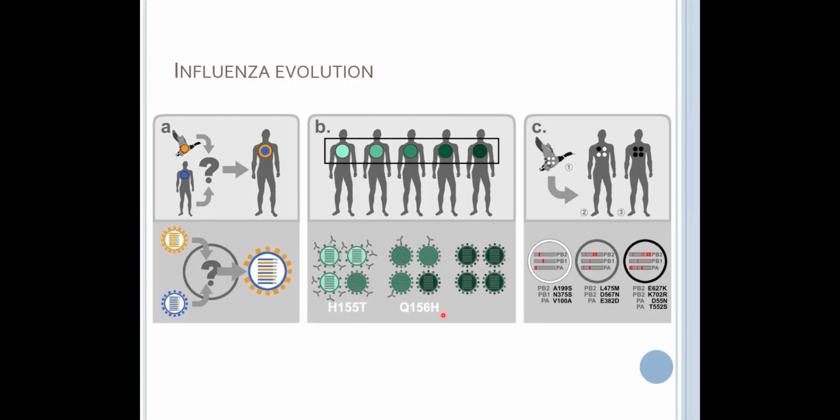A small number of mutations, so this is from the 2003 Fujian H3 strain. These were two actual mutations that occurred in the HA molecule, and it basically eliminated sterilizing protection from the antibodies that were in the human population. So you got the emergence of a new strain with basically just two mutations.